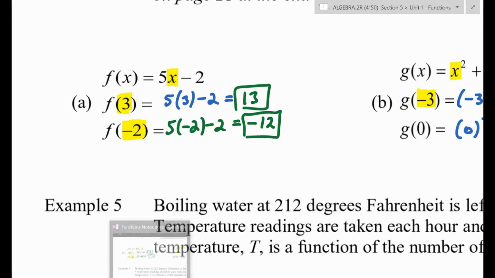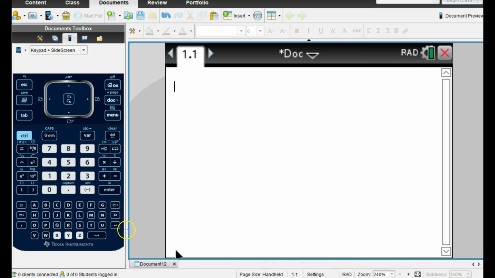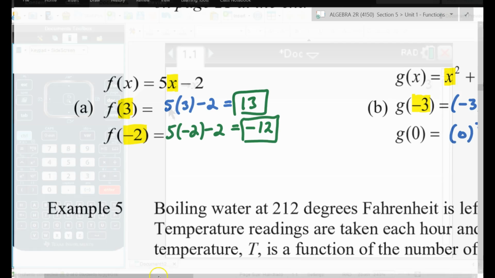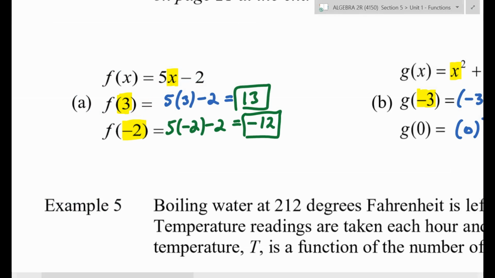3. So one way, guys, that I can do this is by saying, okay, let's take 3 and let's store it. To store a variable, we hit the yellow button and then this button here, which is var, and we get the little arrow. So I want 3 to represent x, and now I want to evaluate what? 5x minus 2.